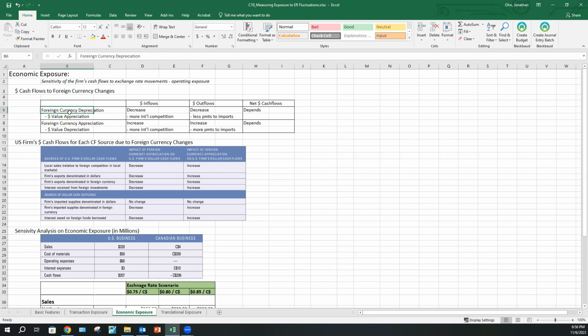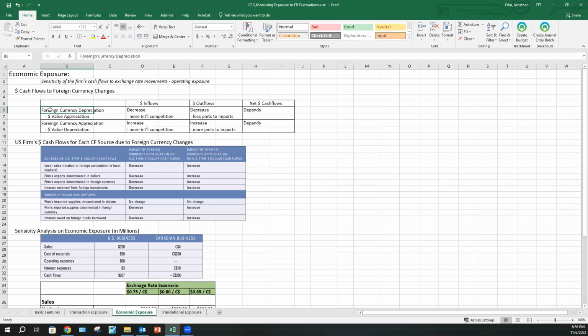We're talking about the trading part, US versus UK, US versus Germany. So when the UK or Germany's currency depreciates, that means the dollar value appreciates.